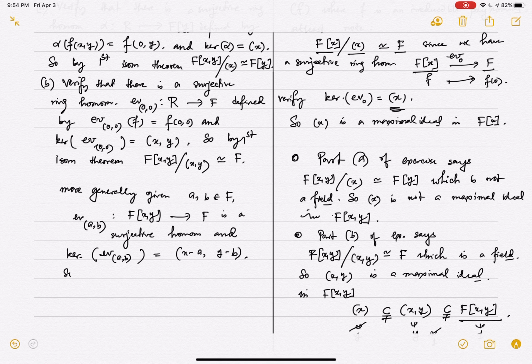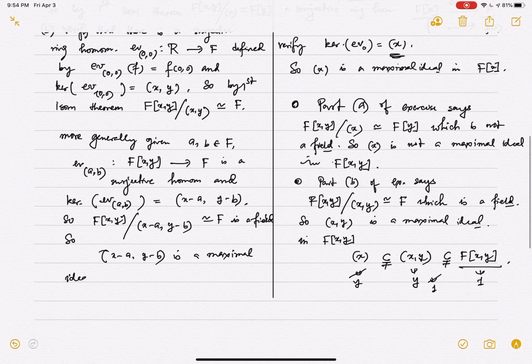So F[x,y] mod the ideal generated by x minus a, y minus b is isomorphic to F, which is a field. So (x minus a, y minus b) is a maximal ideal in F[x,y]. So for every ordered pair of elements in F, there is a maximal ideal.